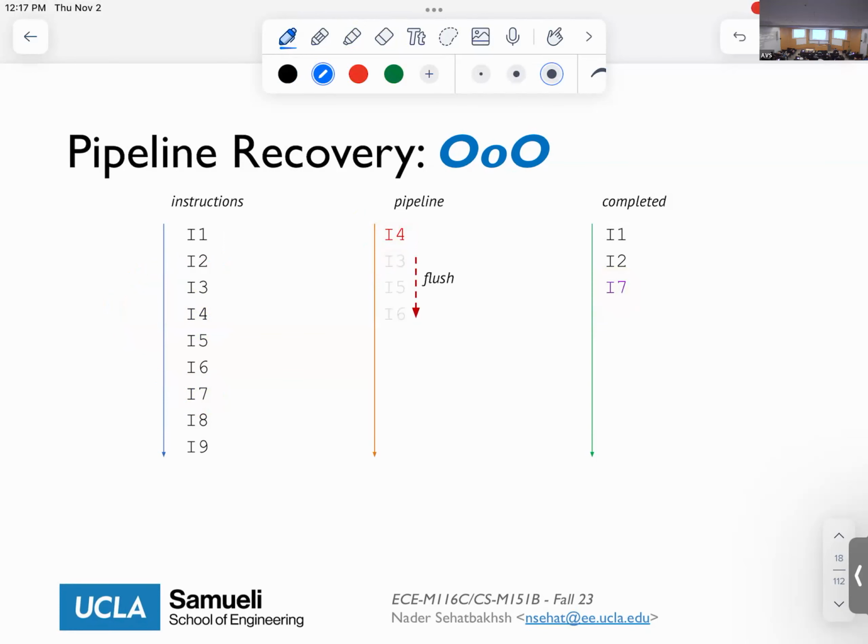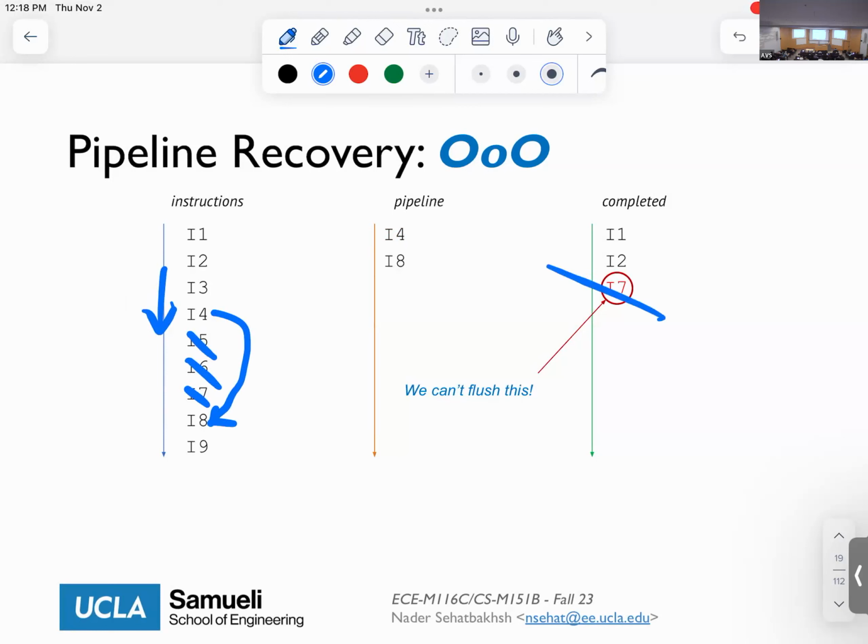The big problem, though, is this I7, because in the regular program order, these instructions should have all been flushed, right? And I should have, for example, continued from I8. But since this I7 is already completed, there's no way of going back to the system and recovering this, because this already left the pipeline. So there's nothing there to flush, okay?